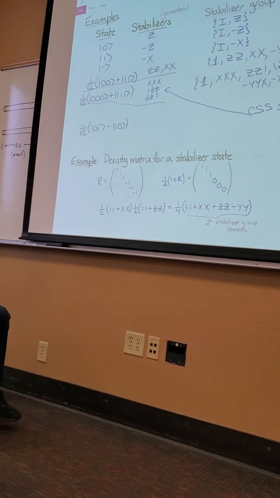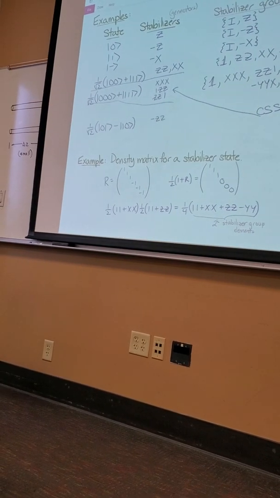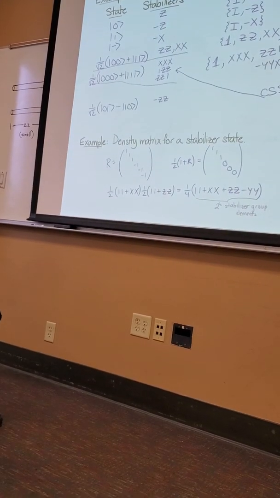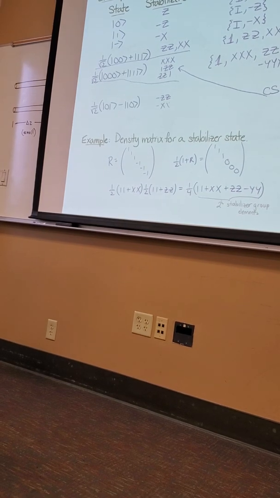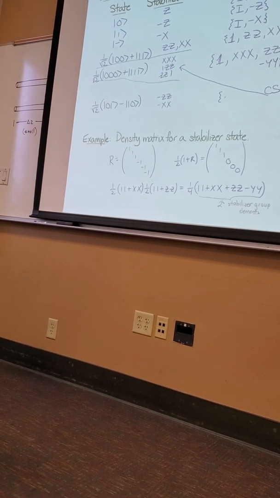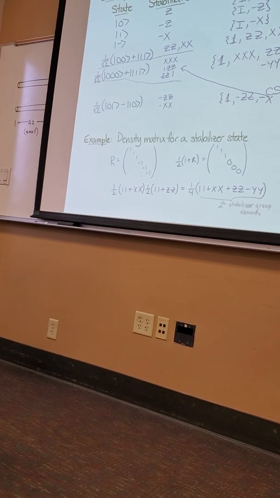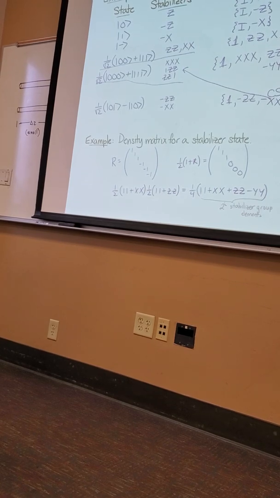Yeah, because they both have odd parity. So minus ZZ is a fine generator. Minus XX, yeah. Alright, so the stabilizer group is the identity, minus ZZ, minus XX, I guess minus YY. Yeah.